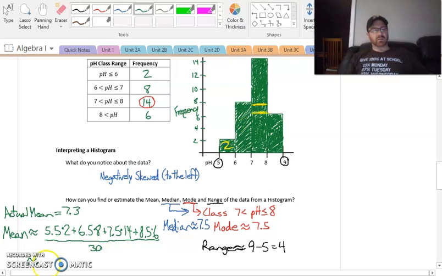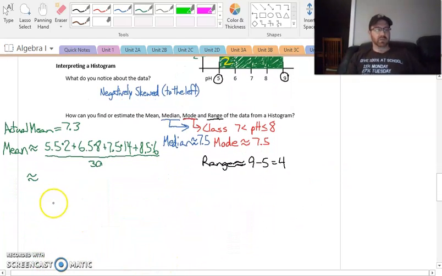So now we need to actually do the multiplication. 5.5 times 2 is 11, plus 6.5 times 8 is going to be 52, plus 7.5 times 14, that's going to be, let's see, 49, 98, plus another 7, so that's going to be 105, plus 8.5 times 6 is going to be 51.